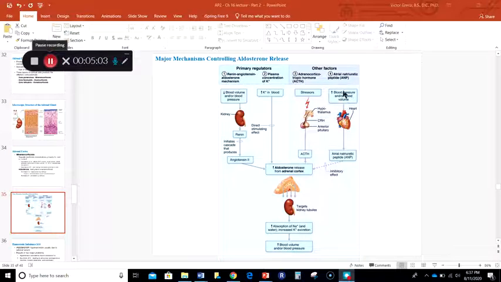If blood pressure is high, well, that will inhibit aldosterone release. So we can see the main effect on aldosterone is increasing blood volume and blood pressure by these three different pathways. And then we have this one pathway that will inhibit it.